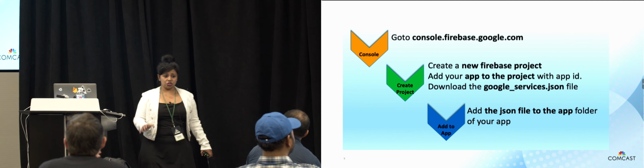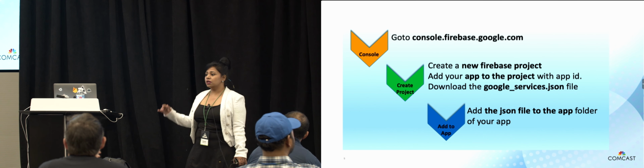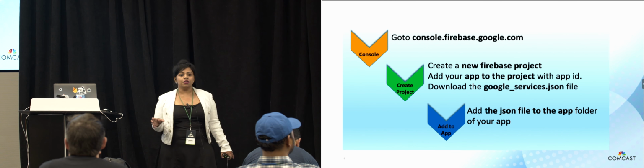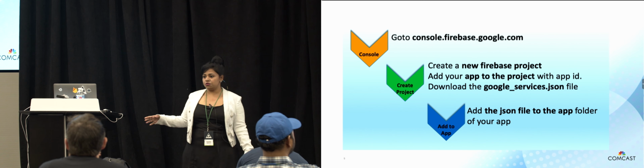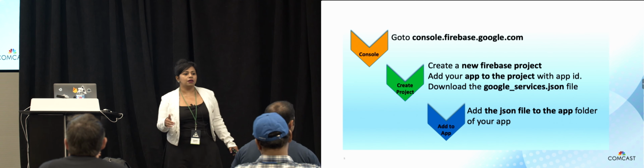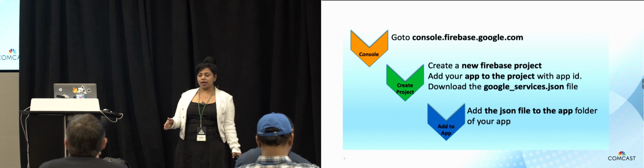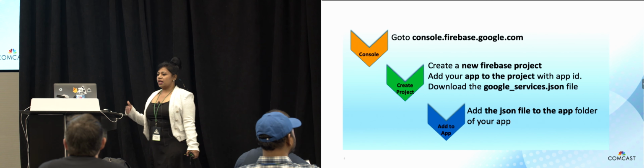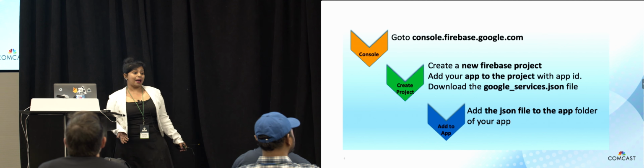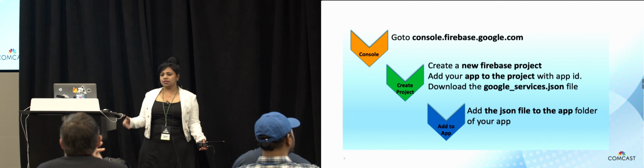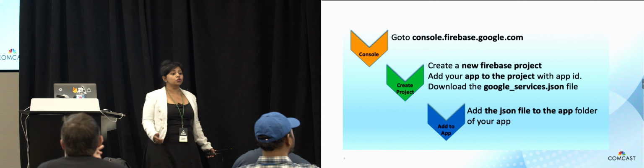It's pretty easy. You just go to the console and click on Create Project. It'll ask for a project name, which is your Firebase project name. After that, it will ask you to add your Android app, iOS app, or web app. For the Android app, it's going to ask for the app ID, which is nothing but the same ID you used to upload to the Play Store.